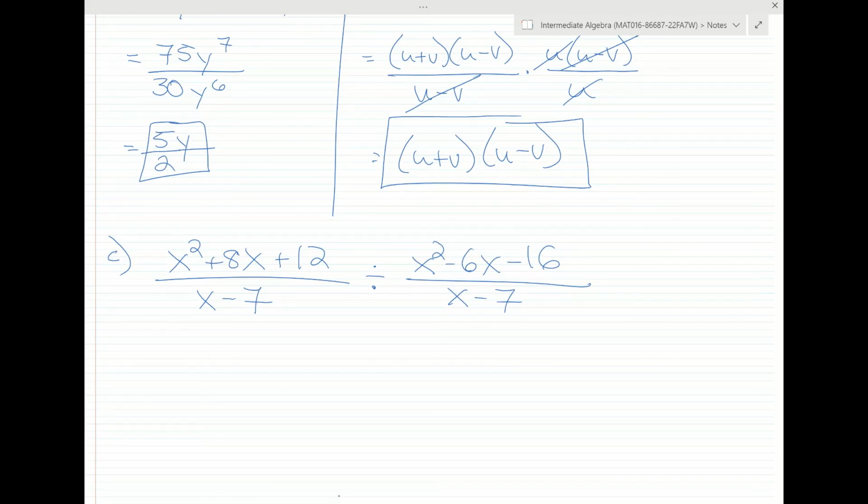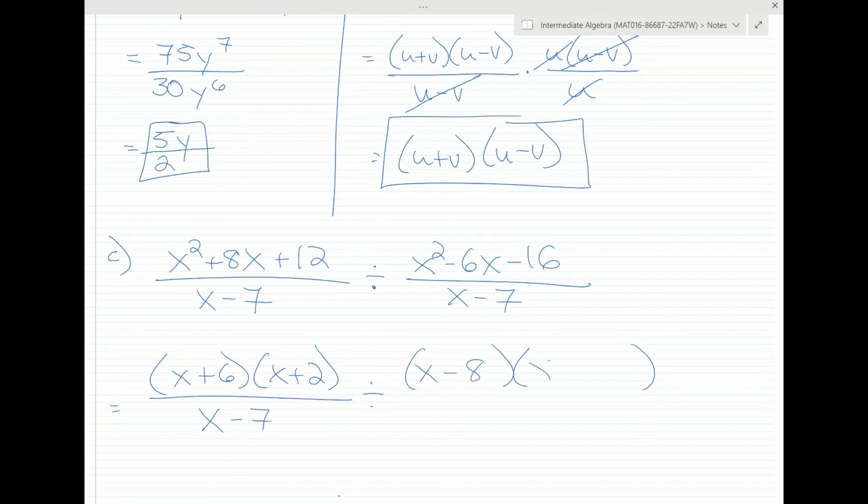First thing we do is we could factor. The top is going to factor to be, what is this, x plus, thank you, x plus 6 and x plus 2. And the bottom is just x minus 7. We're going to be dividing by, this will be x minus 8 and x plus 2 over x minus 7.